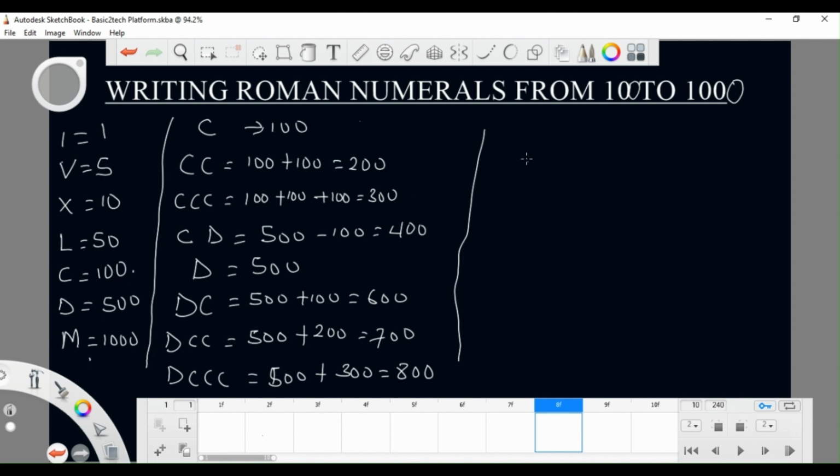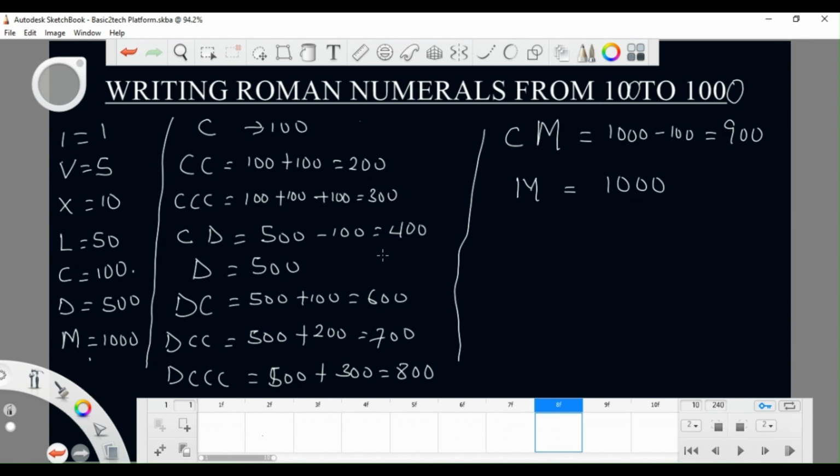So it becomes CM, which means 1,000 minus 100, which gives us 900. So the last is 1,000, which is M. So M is equal to 1,000. So that is it. This is how we write Roman numerals from 100 to 1,000.